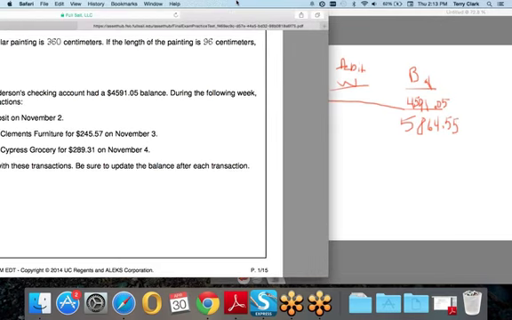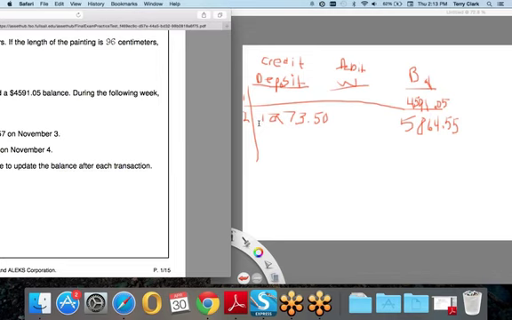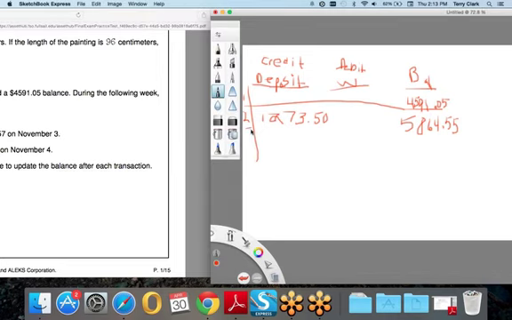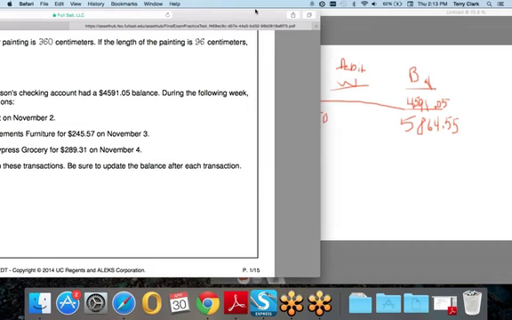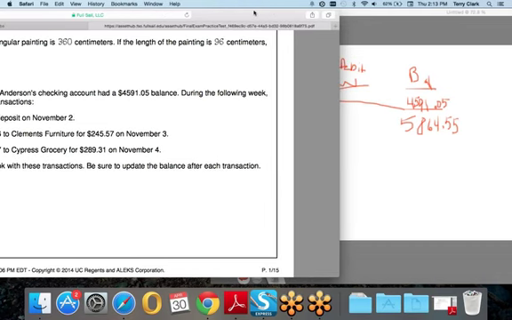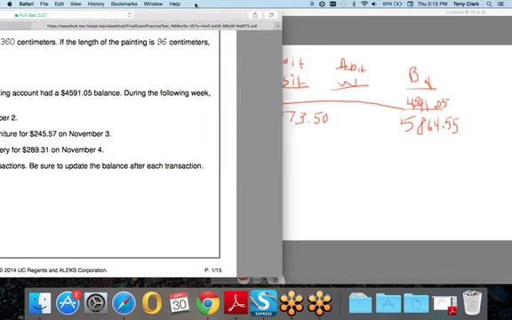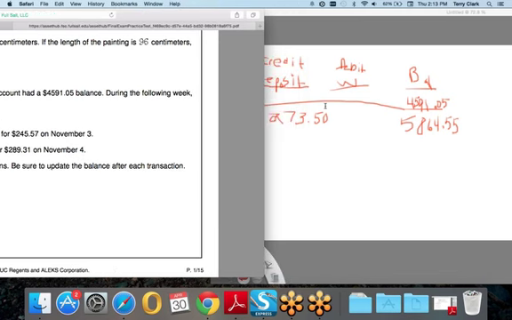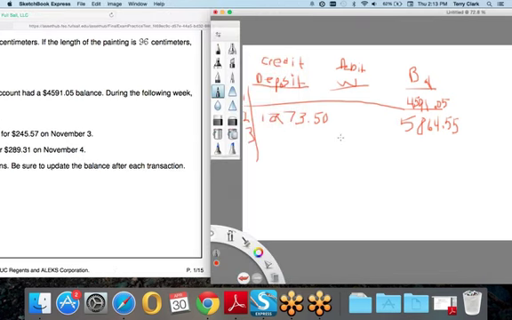And then we got the third. And that's going to be a 245.57 check.